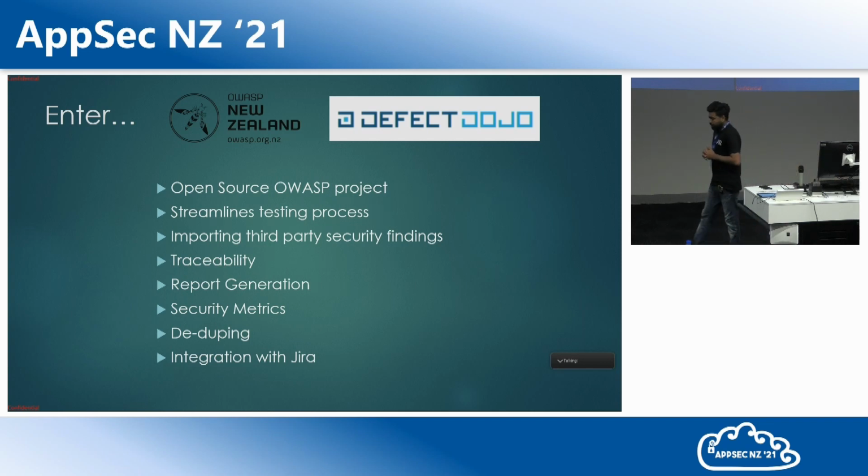DefectDojo. So DefectDojo is a free and open source tool which streamlines the testing process by providing some great features such as importing test reports from different vulnerability assessment tools such as Nessus, Burp, Qualys, you name it, and in several formats like XML or CSV.